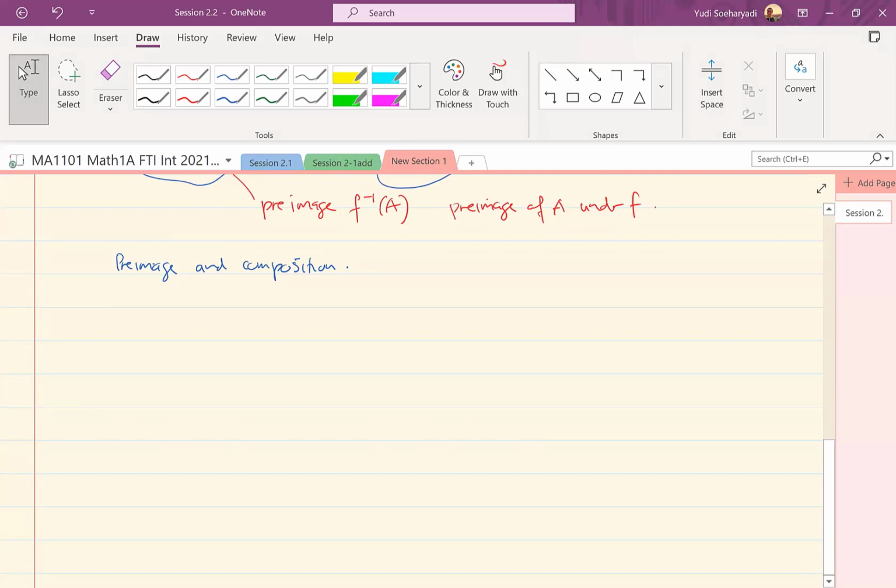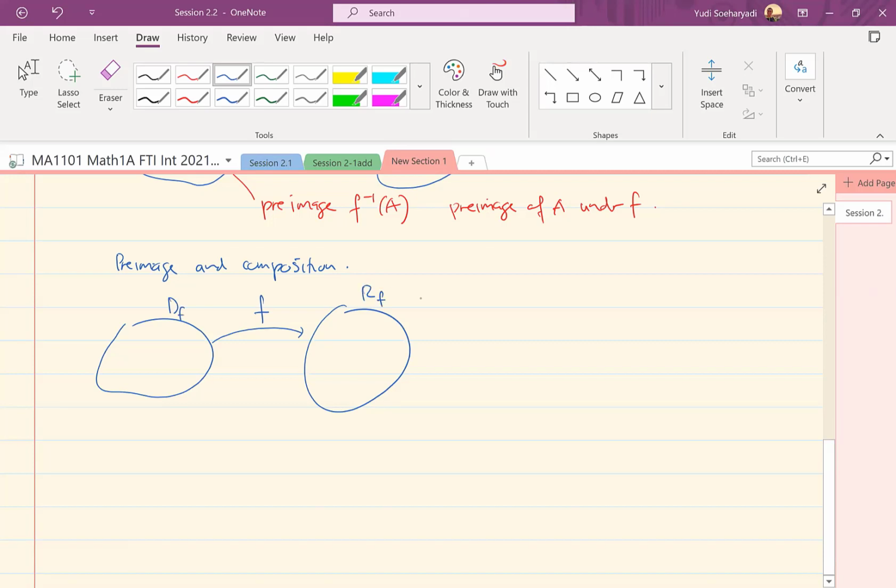Okay, so say we have F first, from DF to RF, and then we have G going to RG.